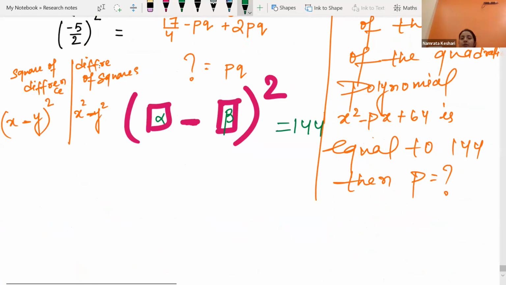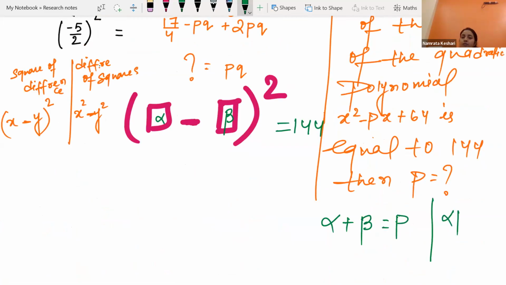We can say alpha and beta are two zeros. Sum of the zeros is minus b by a, that is just p. Product of the zeros is 64, right? Now the given condition alpha minus beta whole square is equal to 144. From there we can say alpha minus beta is equal to 12, right? Actually it is not just 12, it is 12 or maybe minus 12.